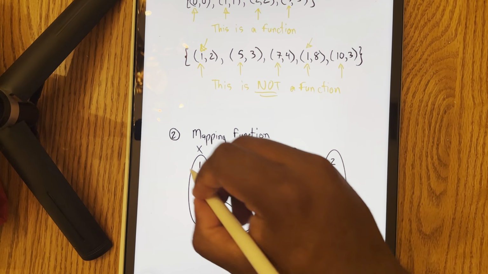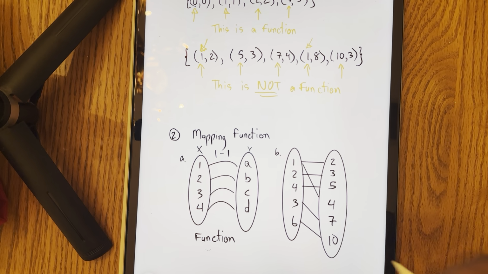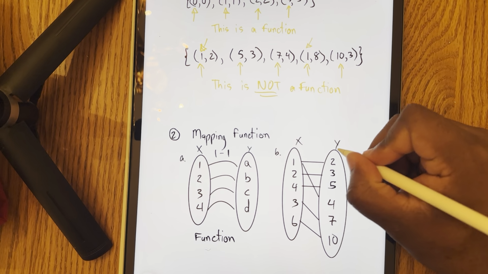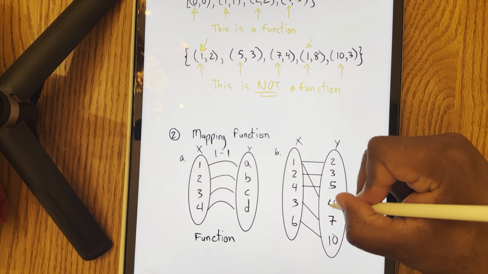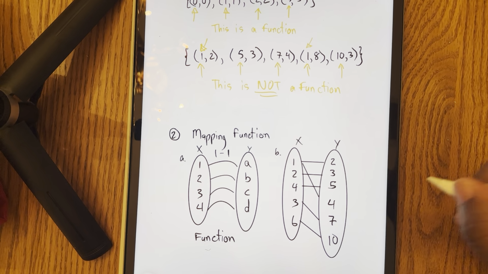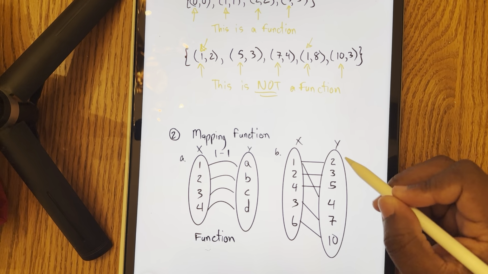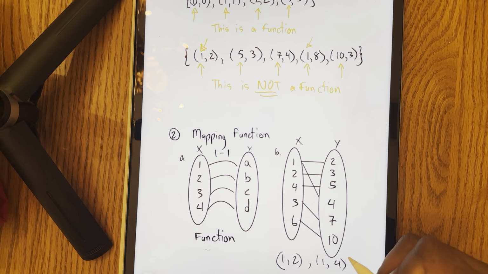Let's look at the second example, example B. Notice that the first input or x value goes to both outputs 2 and 4. So right off the bat, you can see that the x value is repeating, because if this were represented in a coordinate system like above, you would have 1, 2 and 1, 4, and then you'd have 2, 3, and so on.